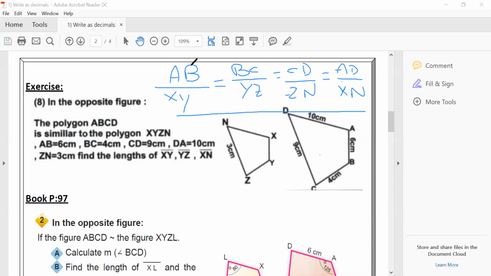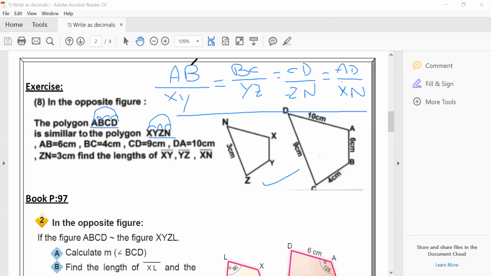So don't look at the figure, look at the given. A, B, C, D, similar to X, Y, Z, N. So move with the letters by order. AB over XY equals BC over YZ equals CD over ZN equals AD over XN.